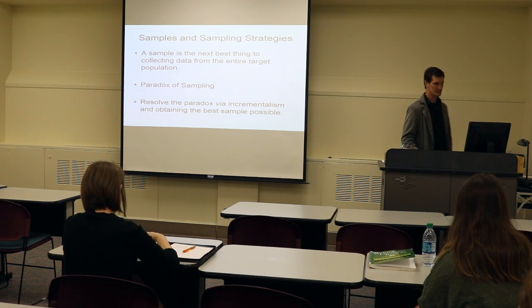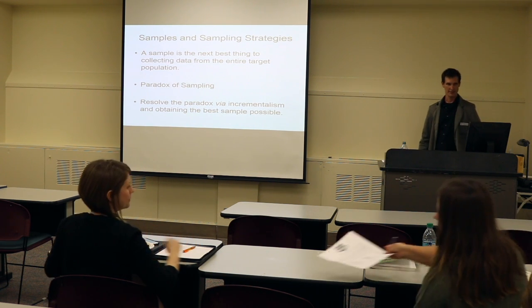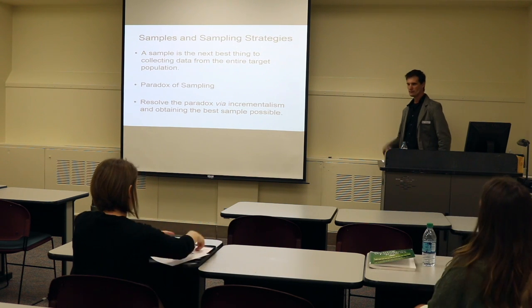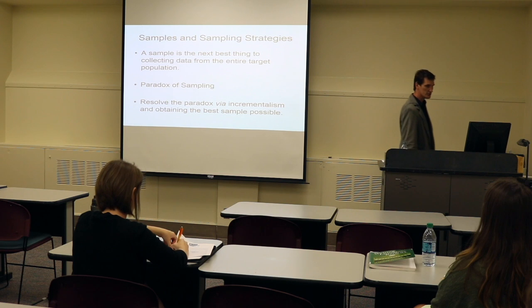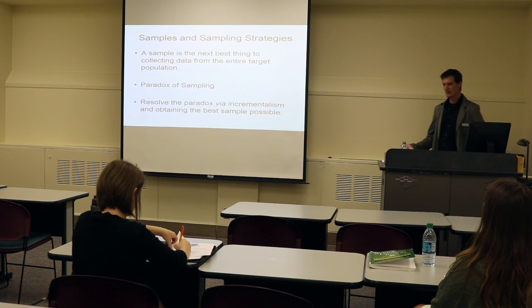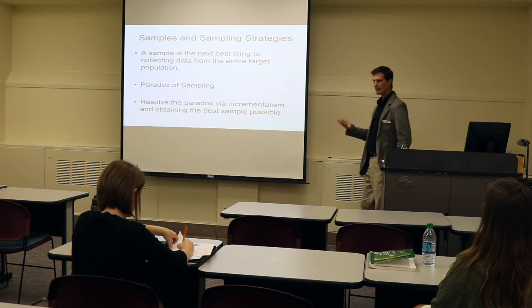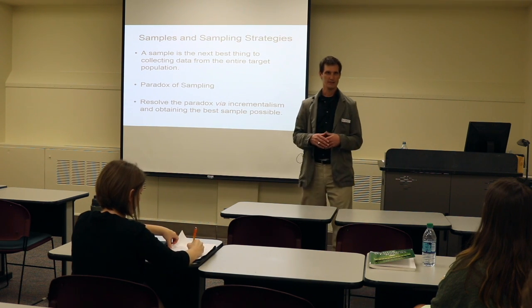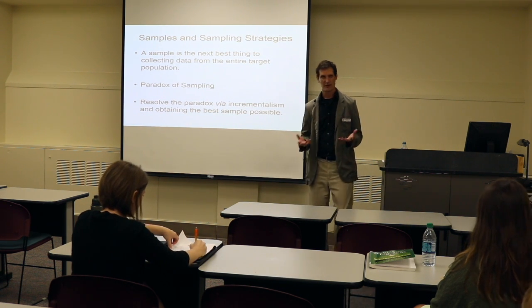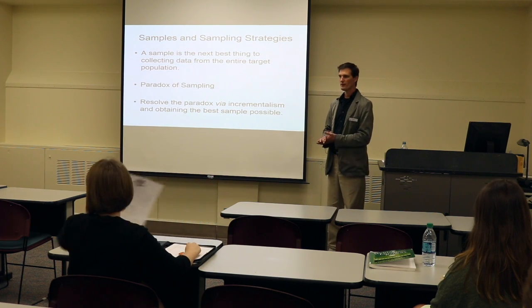So a sample is the logical next best thing to collecting data from the entire target population, but that means we have to take into consideration some very important issues. There is this paradox of sampling. The idea of taking a sample from the population is that you want a sample that is as representative of the population as possible, right?